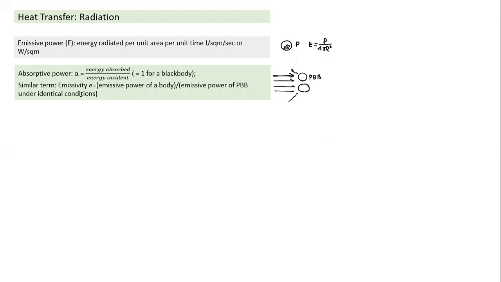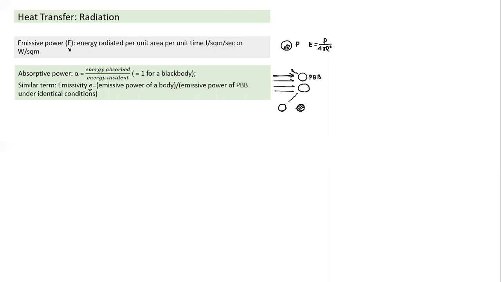The third term which is similar is called emissivity. This is not very often used. What is emissivity? Conceptually, how do you find the emissivity of an object? This is the object for which I want to find out emissivity. I have to compare it with the perfectly black body.